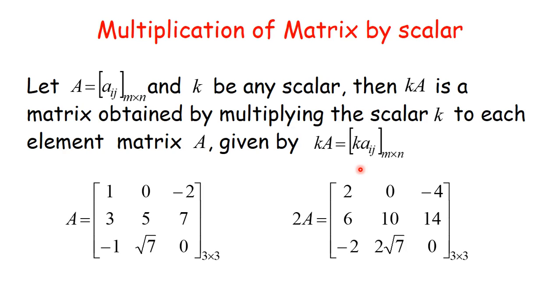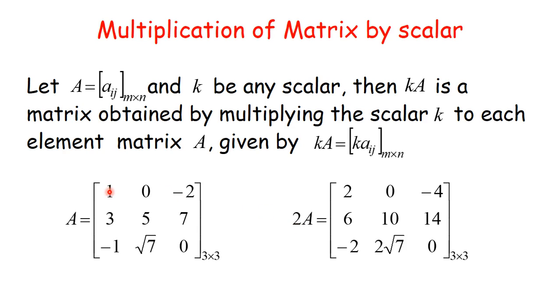How is this kA matrix obtained? This matrix kA is obtained by simply multiplying the scalar k to each element of the matrix. Suppose I have a 3 by 3 matrix and I want to find 2A, means I want to multiply the scalar 2 to the matrix A. So this 2A matrix is obtained by multiplying the scalar 2 to each element of the matrix.